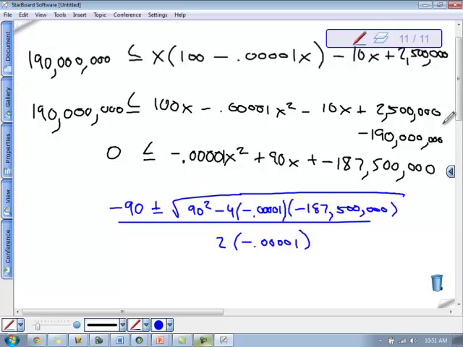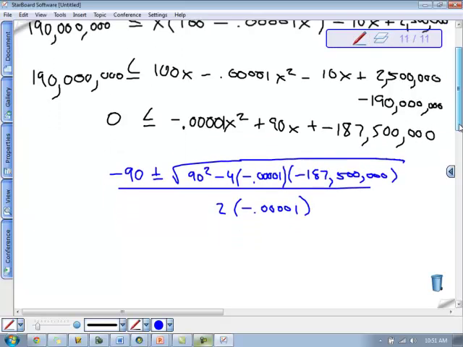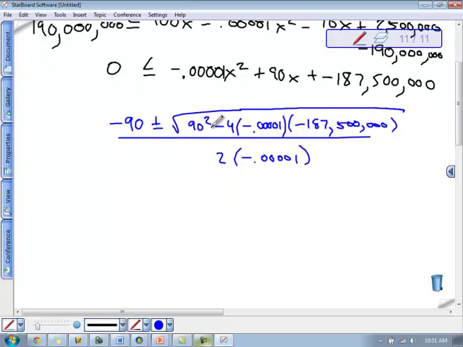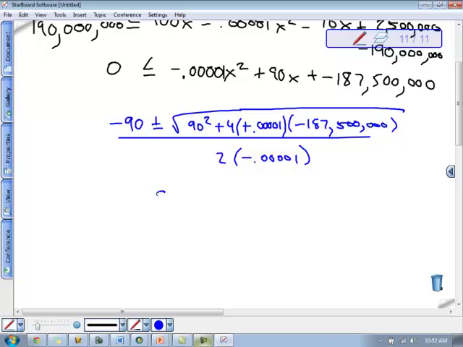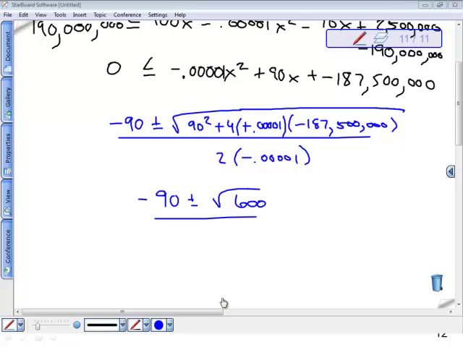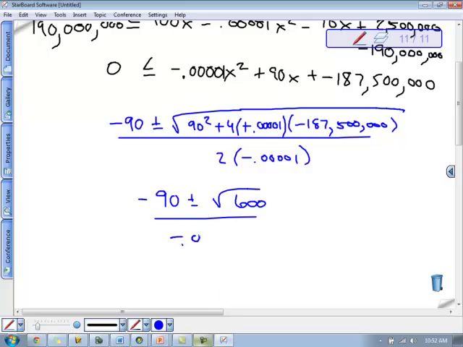I'm going to go ahead and simplify this in my calculator. Double negatives go positive, but there's one negative here. This simplifies to 600, so it'd be negative 90 plus or minus square root of 600 over negative 0.00002.